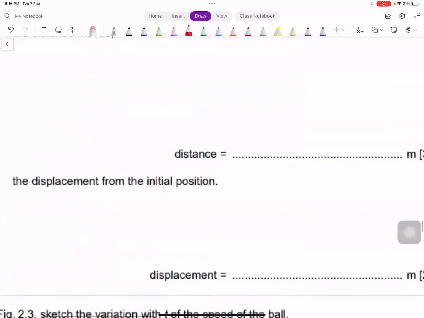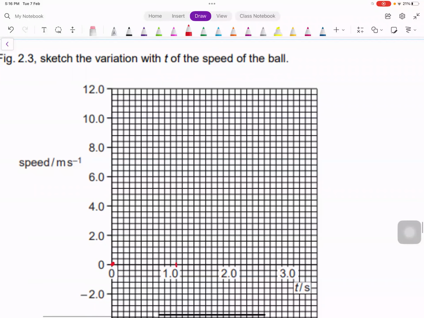So you go to 1.1 on this axis, go to 10.8 and make a straight line like that. Okay.